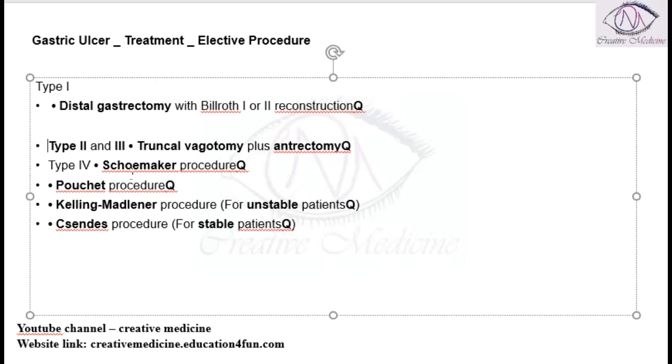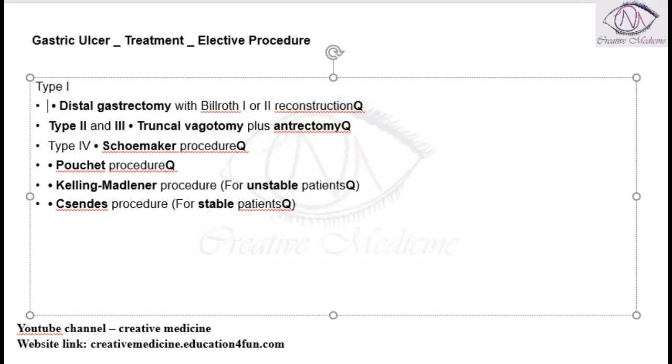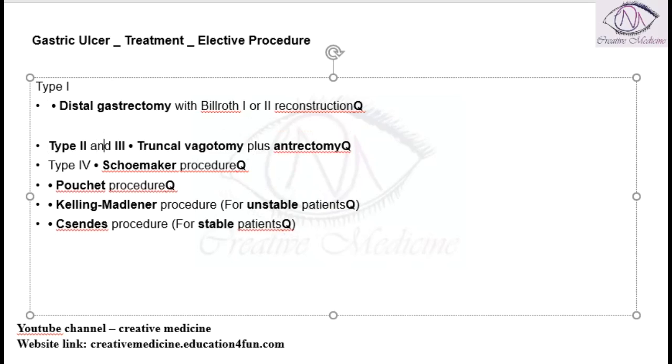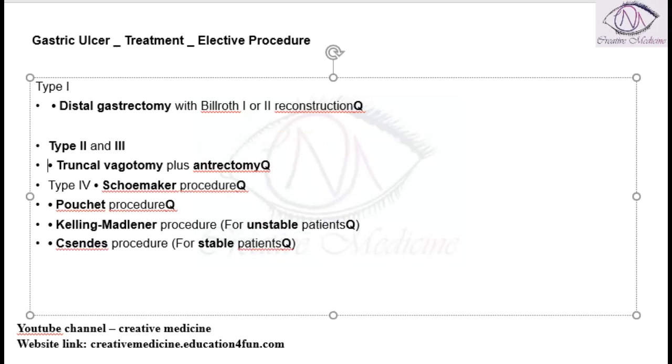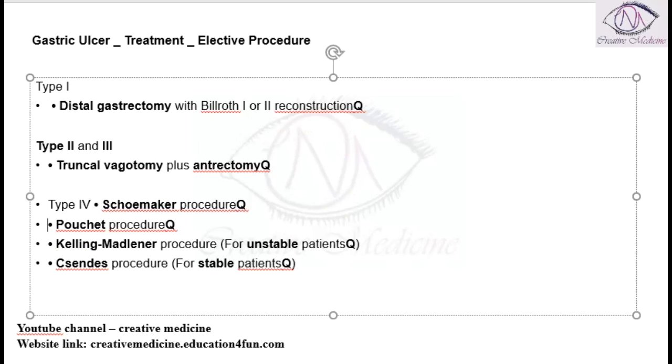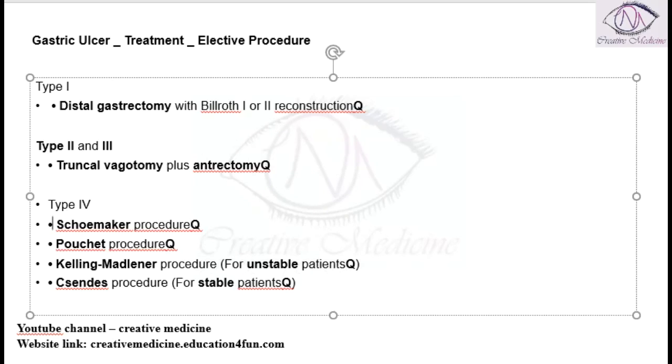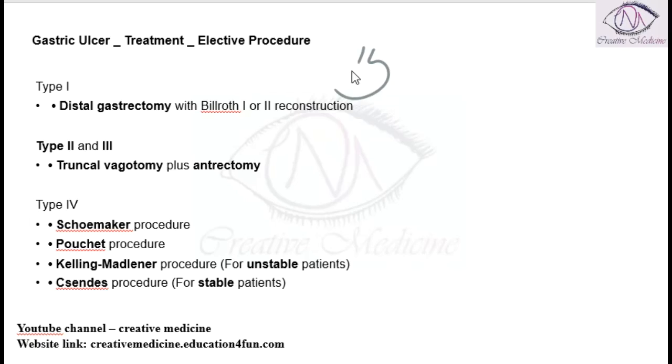For type 1 gastric ulcer, we can do a distal gastrectomy with either a Billroth 1 or Billroth 2 reconstruction. The type 1 gastric ulcer is a gastric ulcer which is present at the incisura terminalis in the lesser curvature.